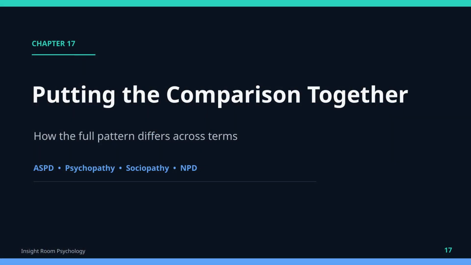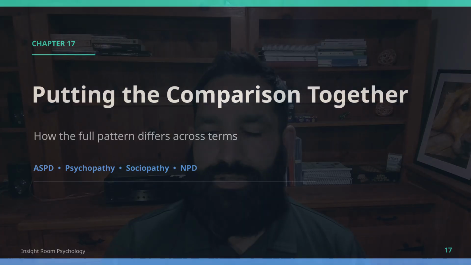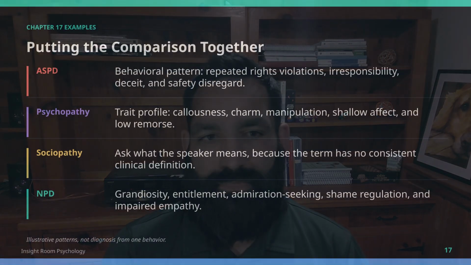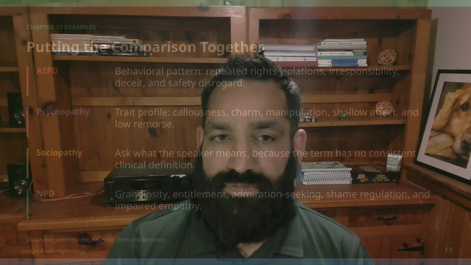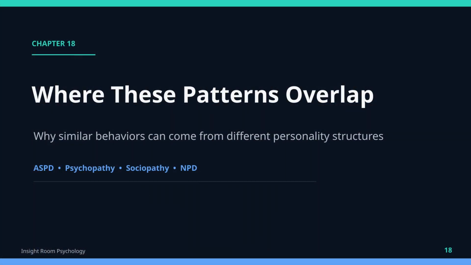Chapter 19. Why this matters. So, why does any of this matter? Well, it matters because labels shape how people understand behavior. If every harmful person is called a narcissist, then narcissism becomes a synonym for person who hurt me.